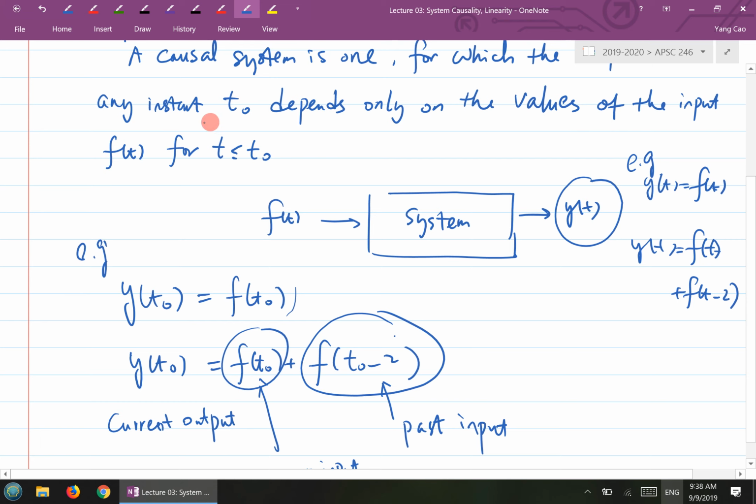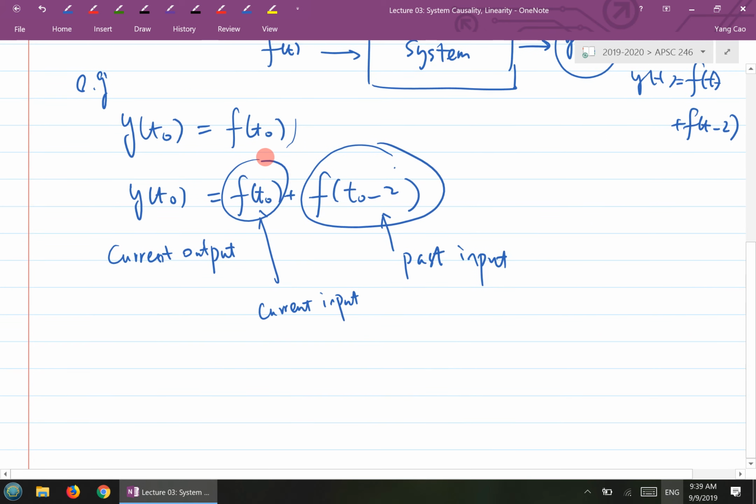If it's causal, whenever the output depends only on the values of the input for t less than or equal to t naught. So essentially, if your output value depends only on the past or the current, then you have a causal system.